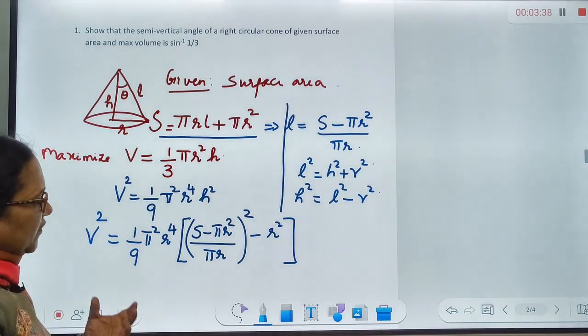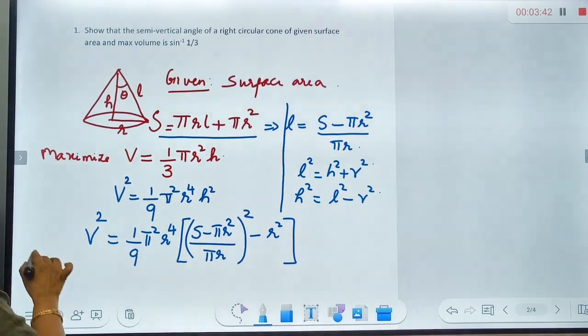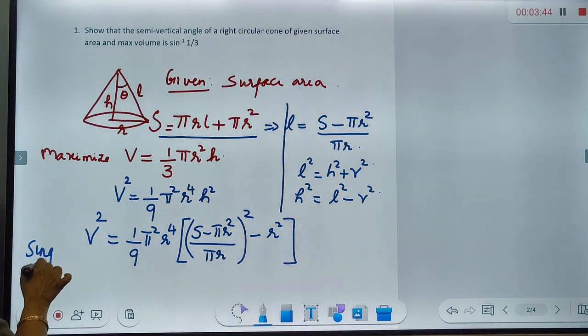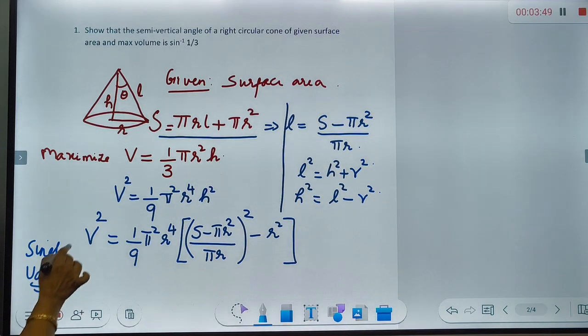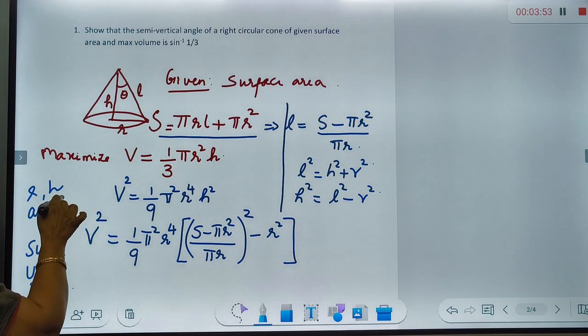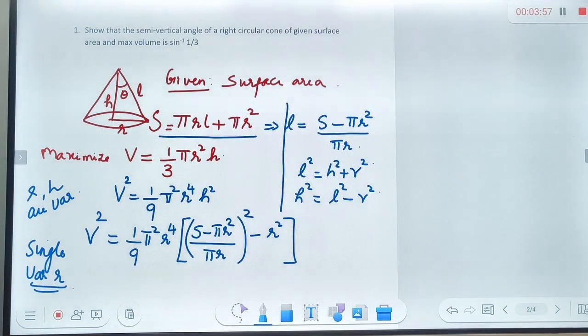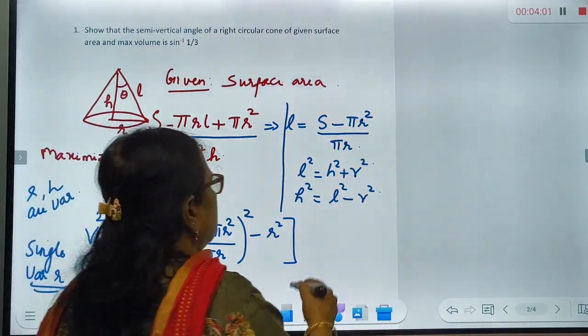When I do this, I have reduced the entire function as a function of a single variable r. Otherwise, here both r and h are variables. Okay, so now finally it boils down to simplification, calculation, etc.